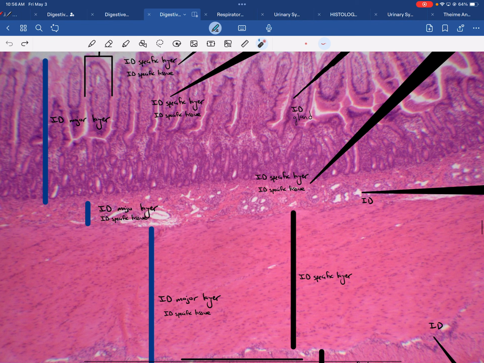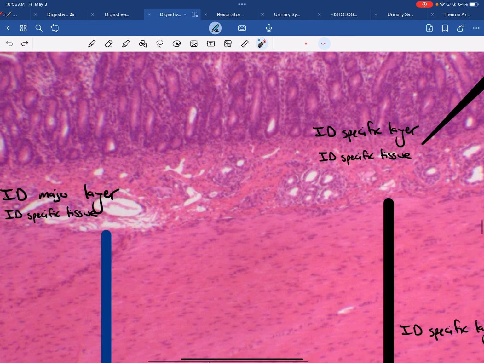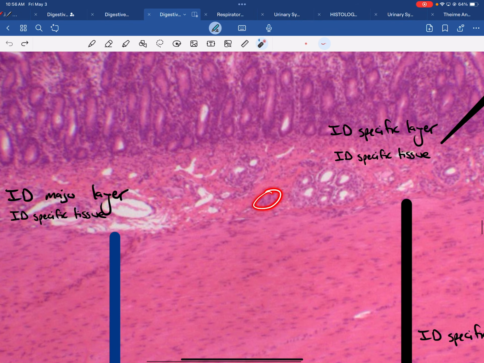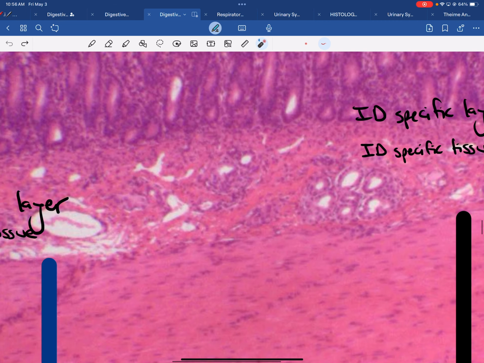Yeah, here, this will be the last one. I didn't label it, but here and here, what is this? So these are the duodenal glands. The pink is collagen fiber. These are nuclei of fibroblasts. But what is this other thing in the submucosa?